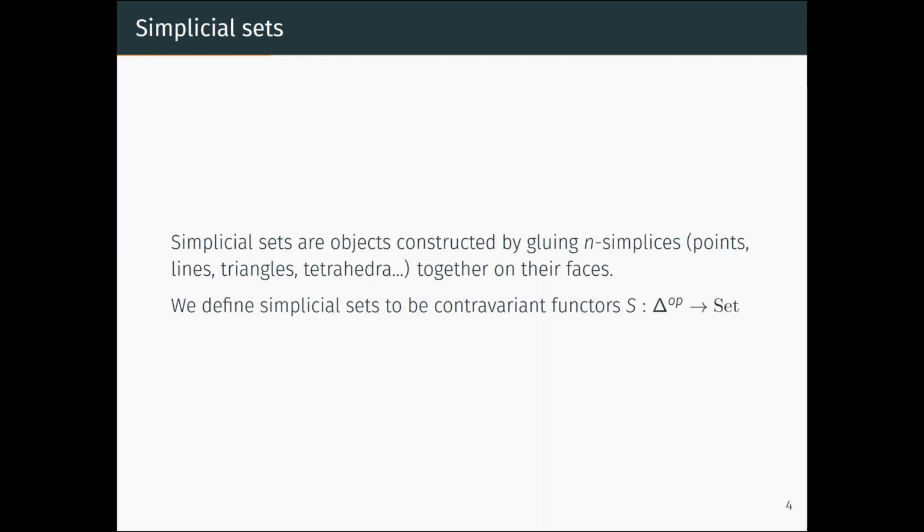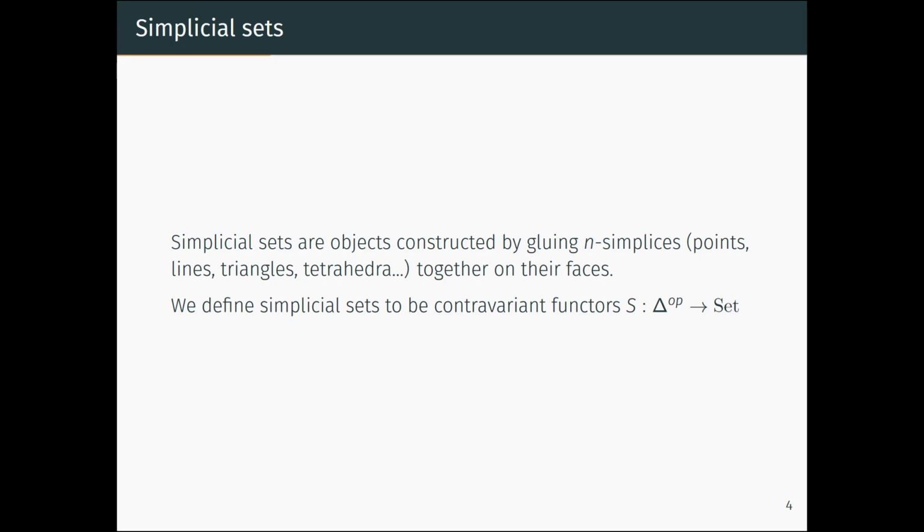And so our simplicial sets, for people who don't know, are objects constructed by gluing together n-simplices, so points, lines, triangles, tetrahedra, etc., together on their faces. We're going to define simplicial sets to be contravariant functors, or presheaves, from a certain indexing category to the category of sets.